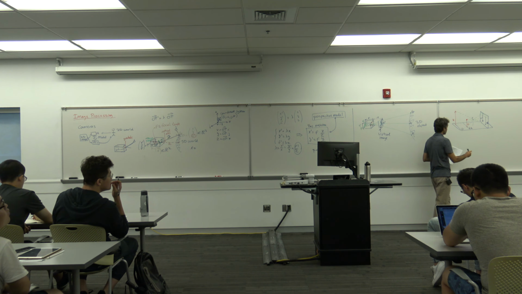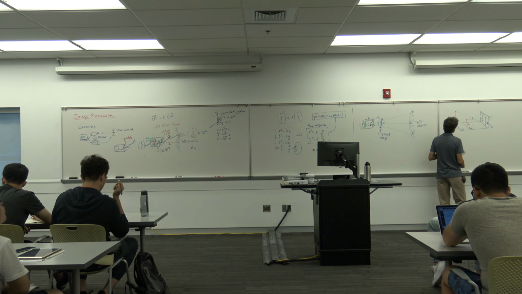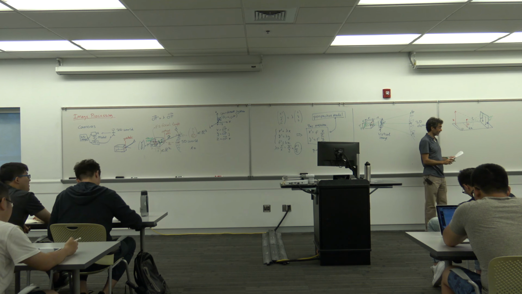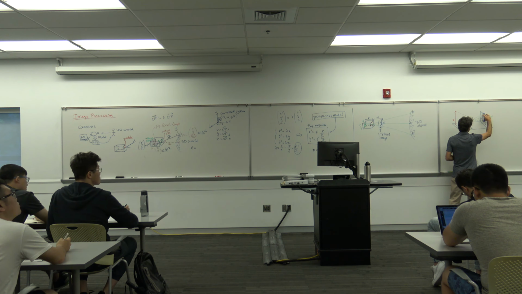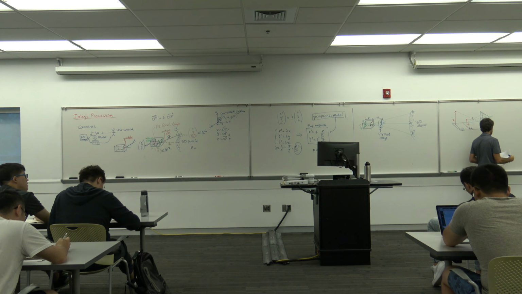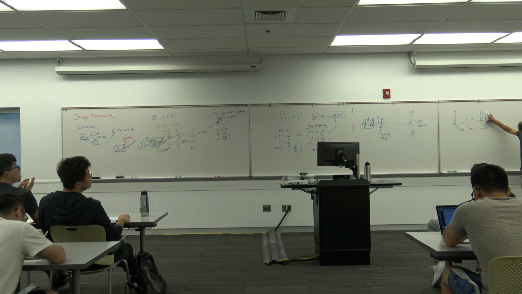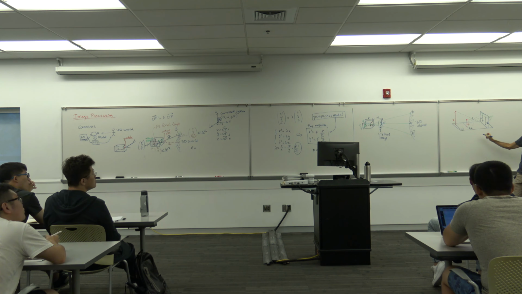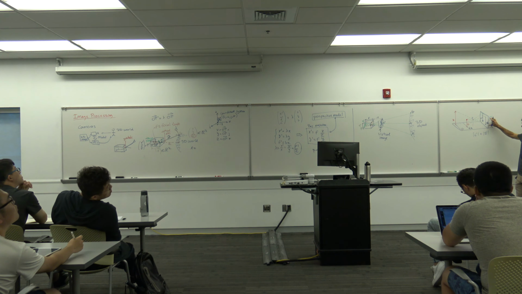So I'm going to call this L1 prime, L2 prime, in the same sense that I call this B prime and C prime, right? Now, what just happened? Note that the size of this C prime is exactly the same as B prime. You see that? So the size of C prime is identical to the size of B prime.